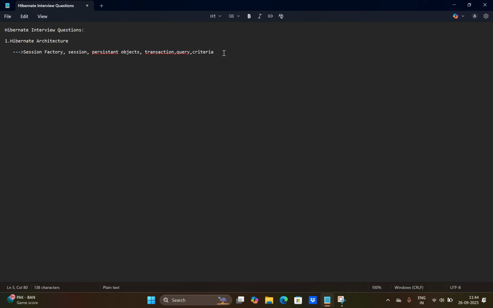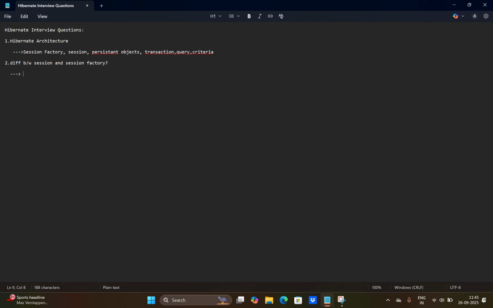Coming to the second question: what is the difference between session factory and session? I will discuss the points, and afterwards I will write the important points on the notepad. A session represents a single unit of work with the database.